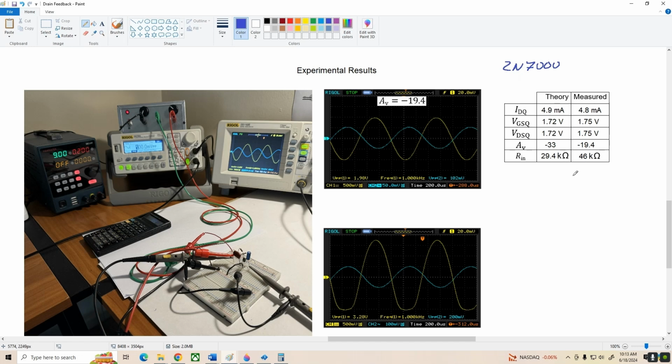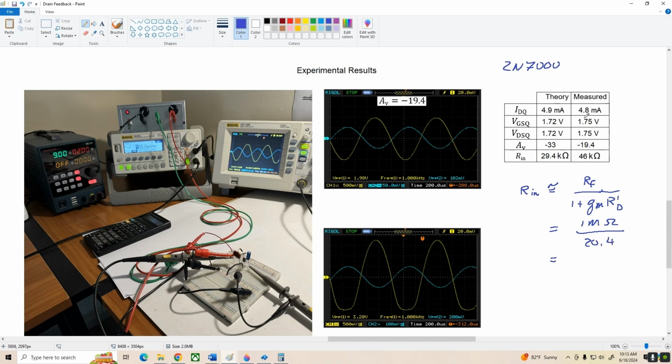And as far as the input resistance goes, let's take a look at that just for a second here. We know that the input resistance is approximately equal to RF divided by 1 plus gm times R prime D. All right, gm times R prime D is the gain magnitude, and the actual measured value was 19.4 if we look at it as a positive number. So this equation for our actual circuit is 1 megohm divided by 19.4 plus 1, or 20.4.